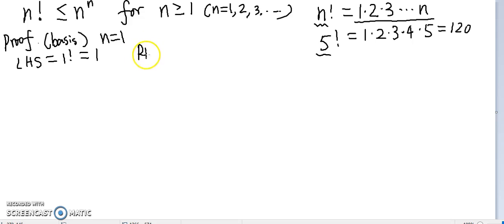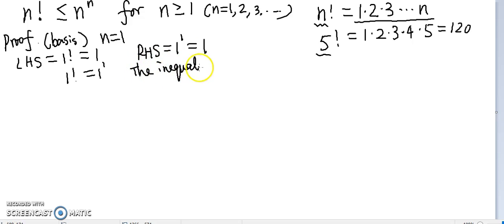On the right-hand side, we replace the base with 1 and the power with 1. We get 1 to the first power, that's still 1. So 1 factorial is equal to 1 to the first, which means the inequality holds for n equal to 1.